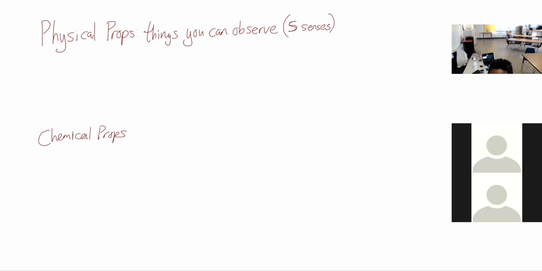And here's the key thing: without changing the substance. And when I say substance, I'm just talking about whatever you're looking at. So maybe the substance is water, maybe it is hydrochloric acid, maybe it's a notepad, maybe it's my coffee, whatever it is. Okay, so we're looking at stuff that we can observe without changing the identity of the substance.